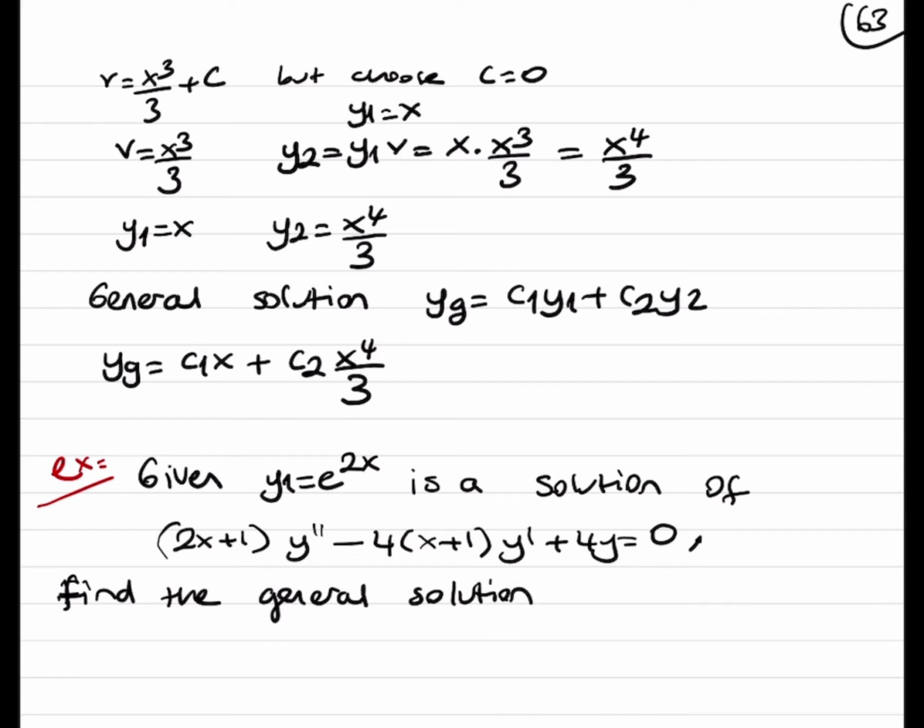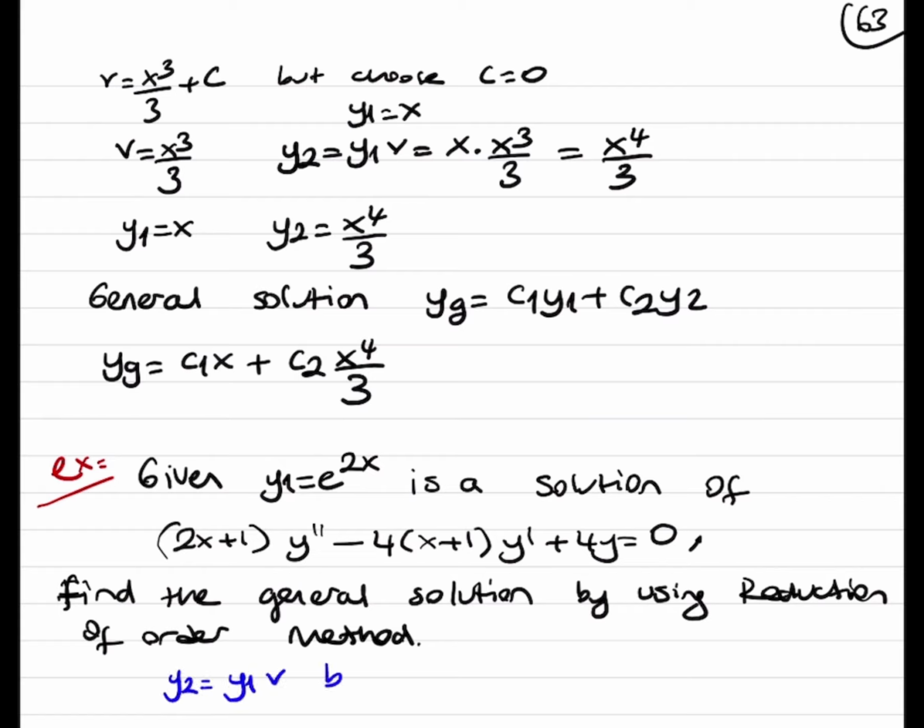Find the general solution by using the reduction of order method. Great. So here all you need to know is that if it says reduction of order method, we can assume y2 to be y1 times v as the second solution.